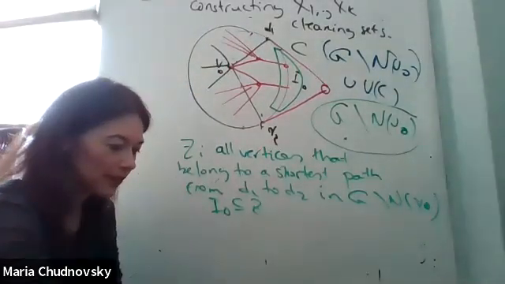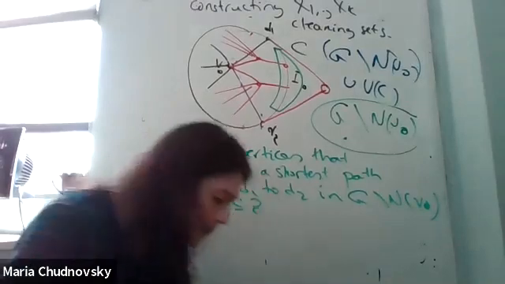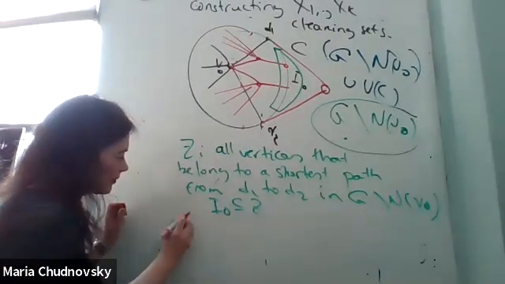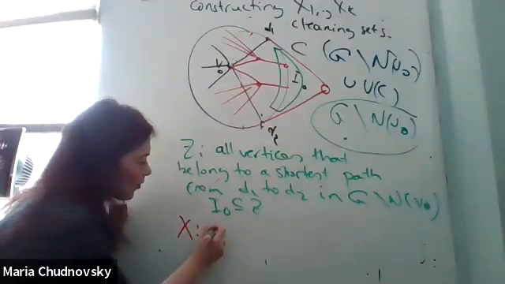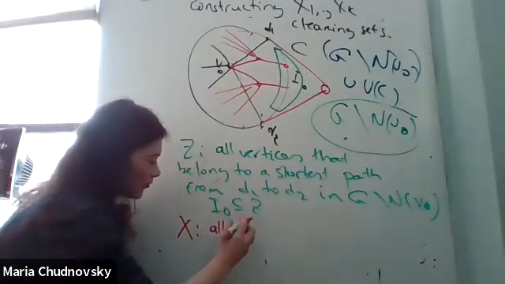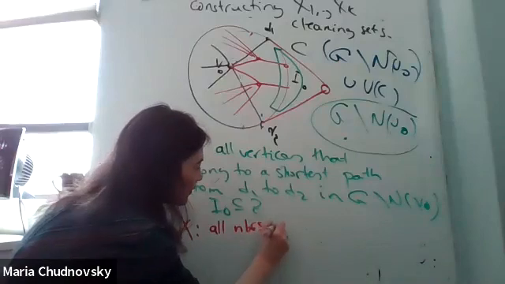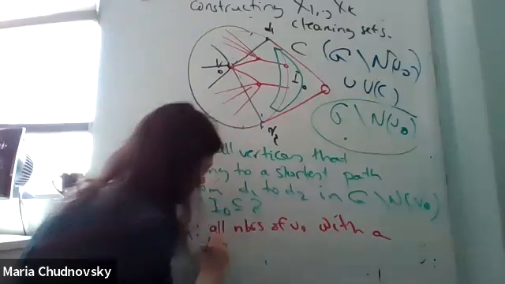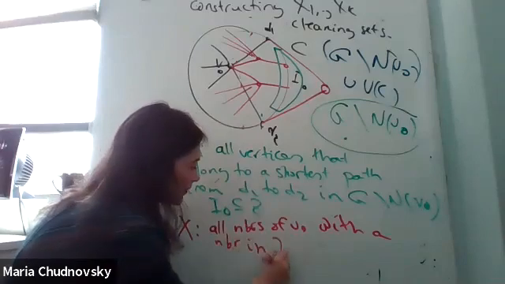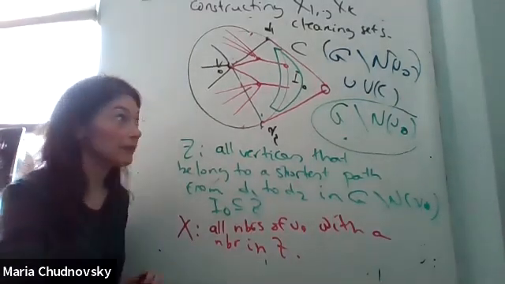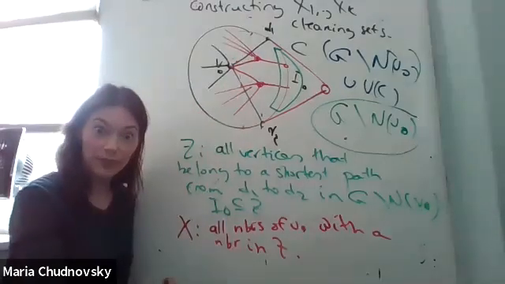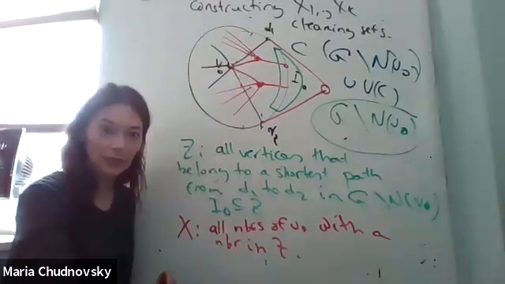And now let me take X to be all neighbors of V0 with a neighbor in Z. And now I claim I'm done. Because why? First of all, I definitely got all the big vertices because they all had a neighbor in I0.